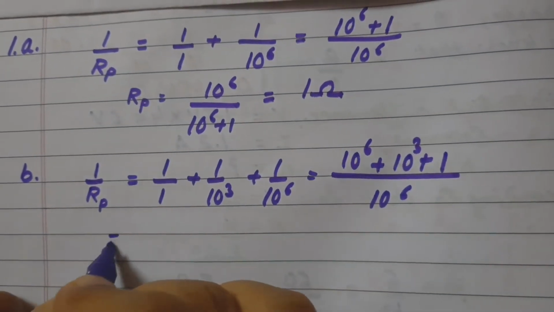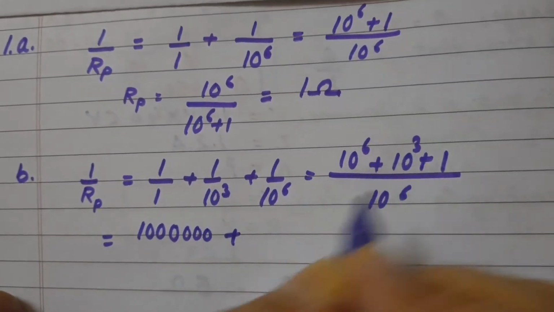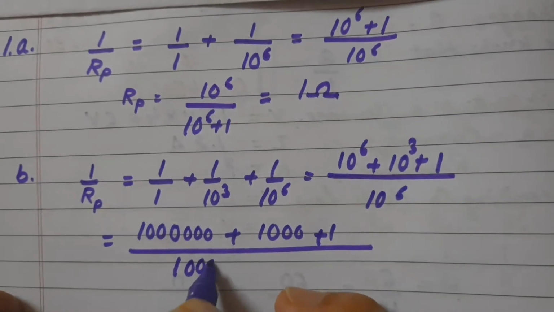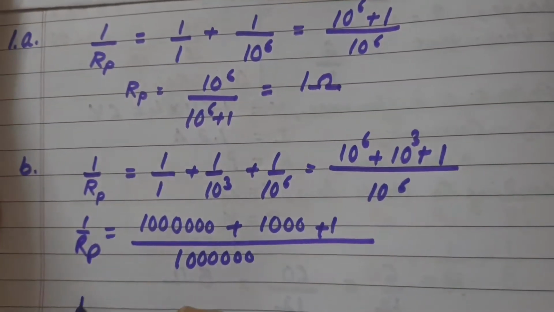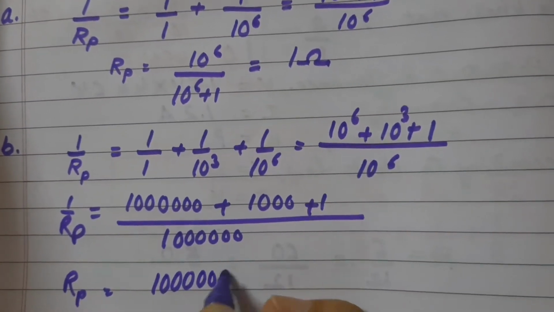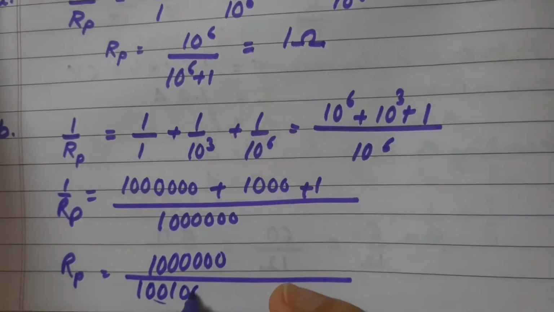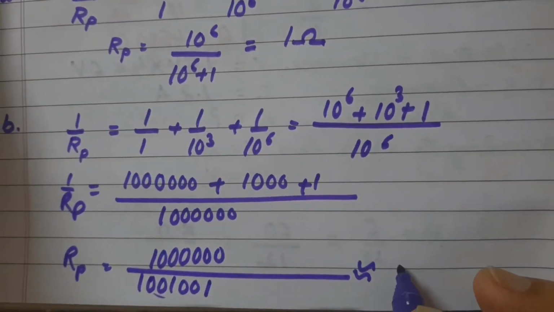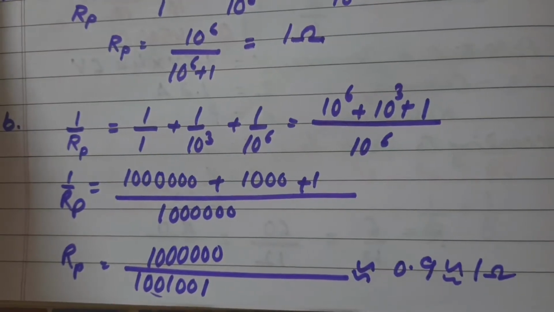Now it can be written as... now we can calculate Rp, which is approximately equal to 0.9, approximately 1 ohm.